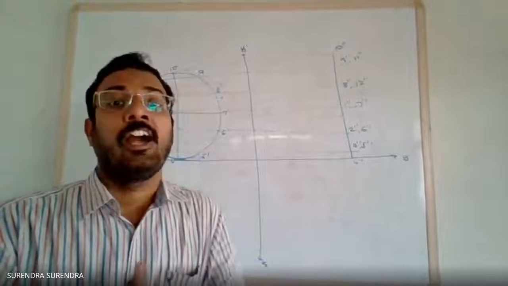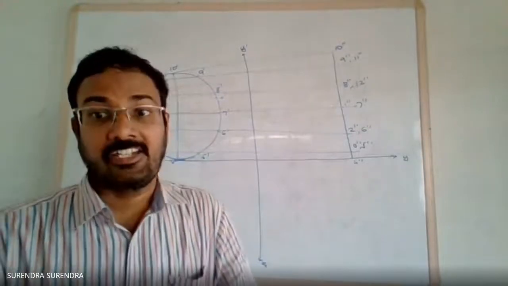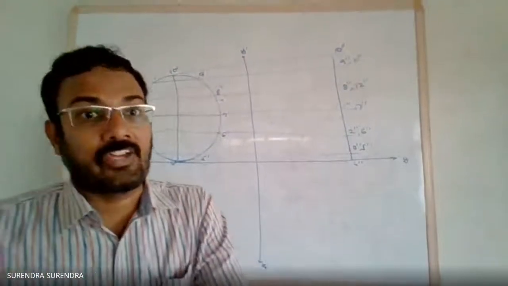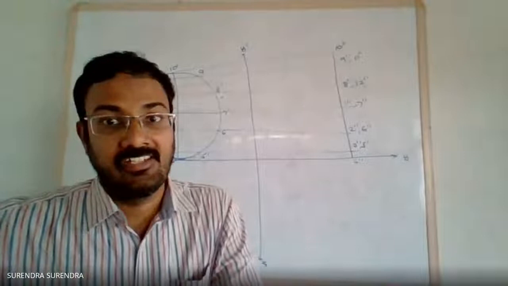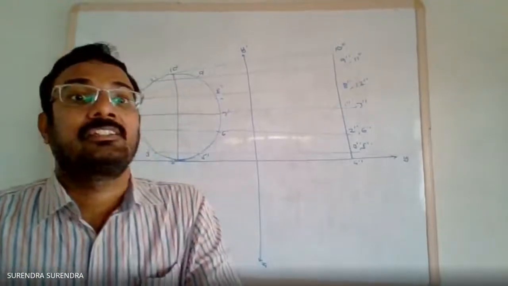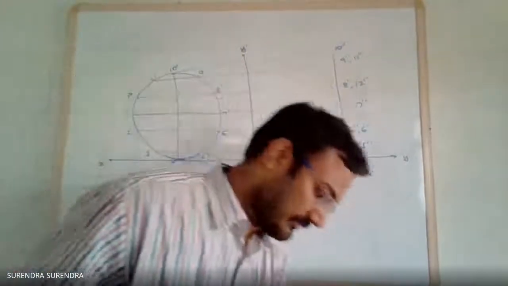Now apply the condition. As the surface is inclined at 30 degrees to HP and theta to VP, theta plus phi equals 90 degrees. The rotation can be seen, the angle can be seen only in the side view. So rotate this line.